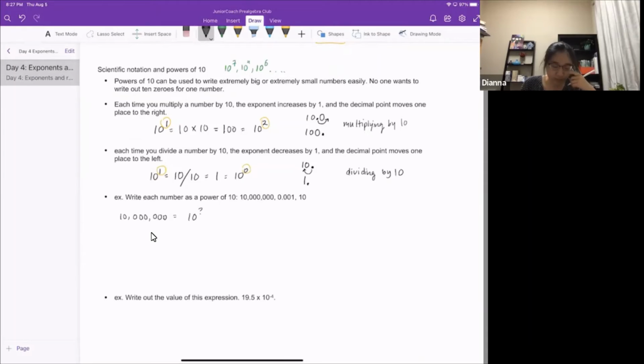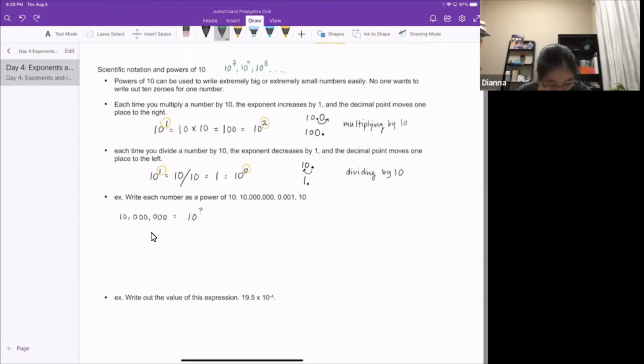The way I do it is I start from here, 1, and I count the number of times I had to move my decimal point to the right. The number of little bumps I made tells me how many times I multiplied by 10.